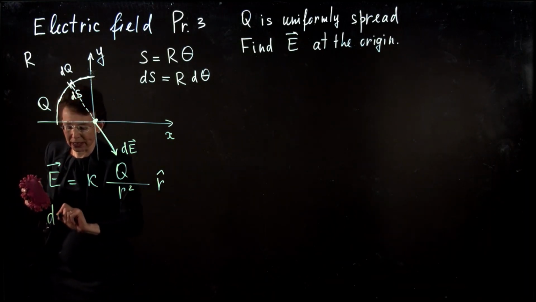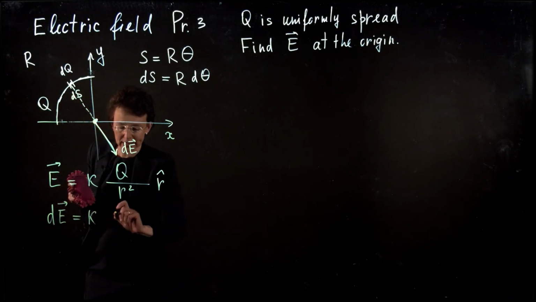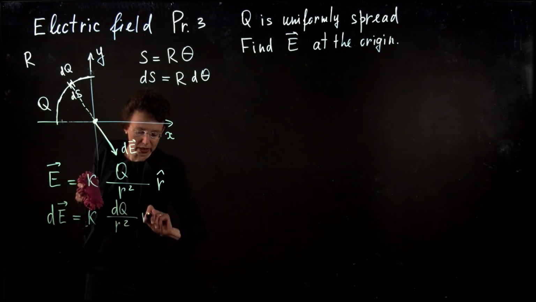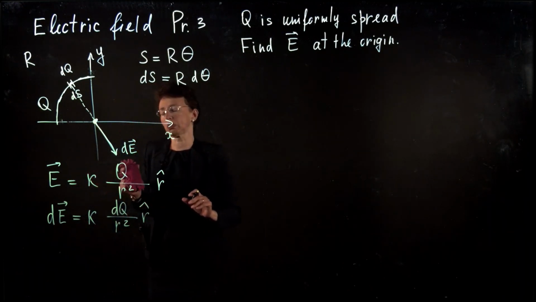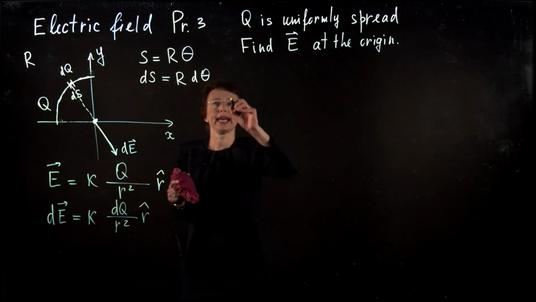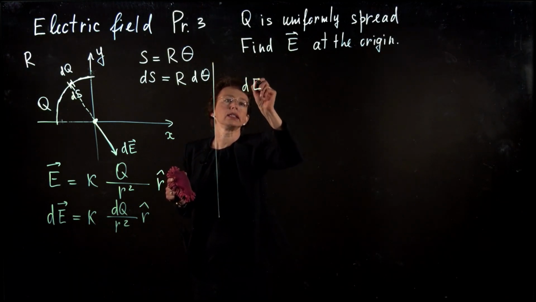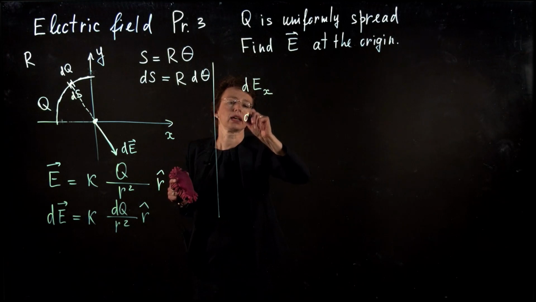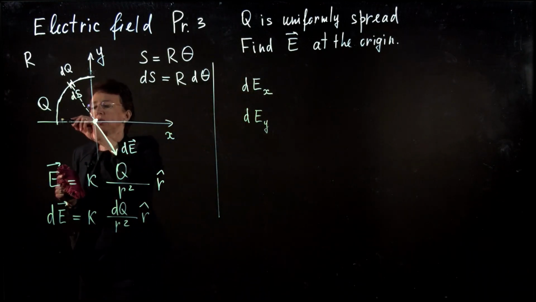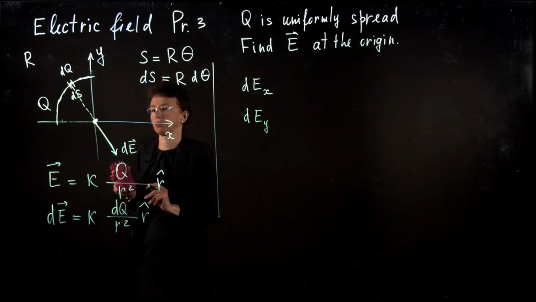So we can write dE as k dq divided by r squared. What we will do, we will break dE into components. We'll find dEx and dEy, and then we will integrate over this arc, quarter of a circle.